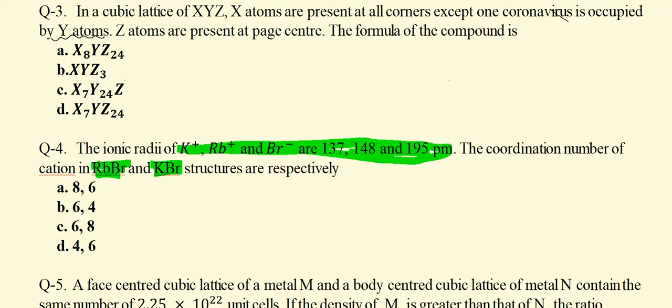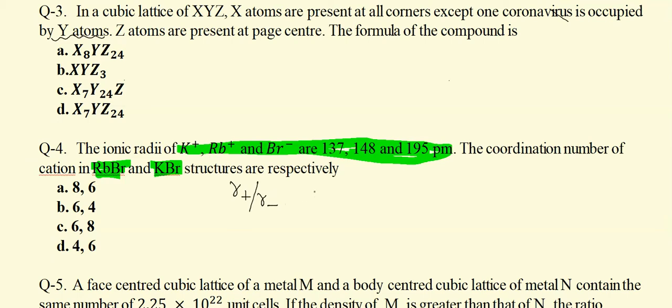As it is given in your comprehension, the radius ratio, R plus divided by R minus, the ratio of the radius of cation to the radius of anion, is directly related to the coordination number. So first we have to find out the radius ratio.